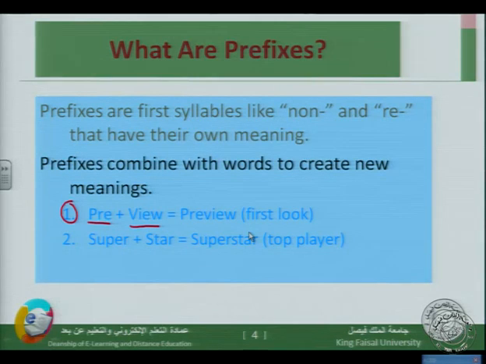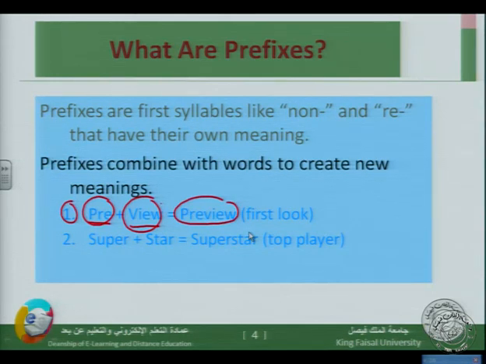The root word is view, and the prefix is pre. So pre means first, or sometimes it means before.